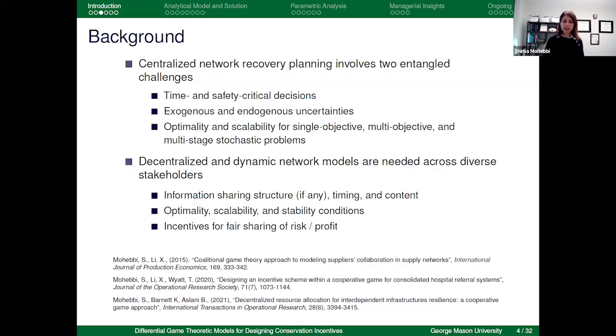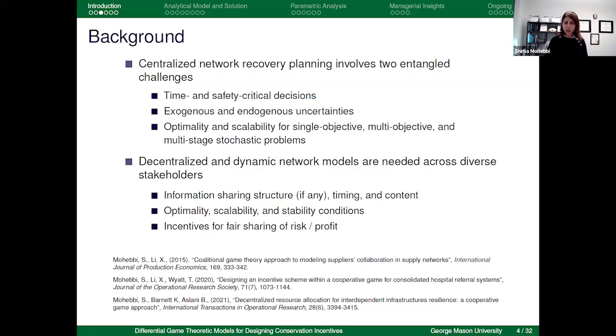In the decentralized decision-making paradigm, as you might know, individual decision makers allocate resources over time while collectively enhancing overall network safety and performance. In this research thrust, we have focused on optimality, scalability, and stability conditions across discrete and continuous time frameworks, as well as designing incentives for key stakeholders to ensure fair sharing of profit and risk.